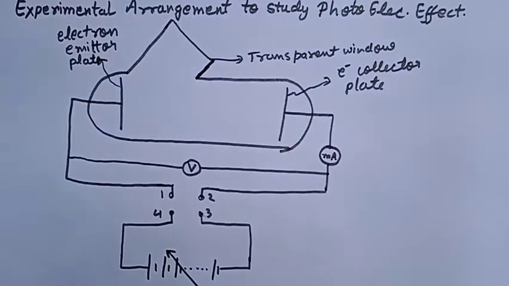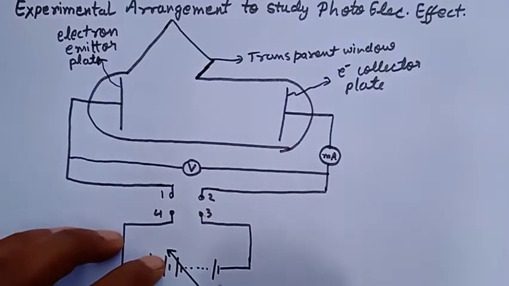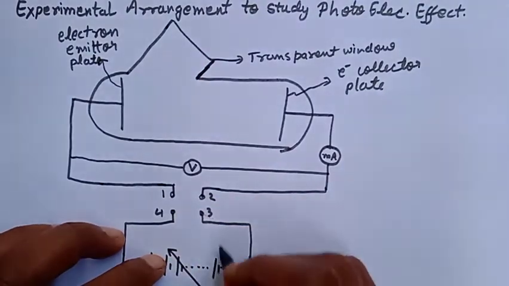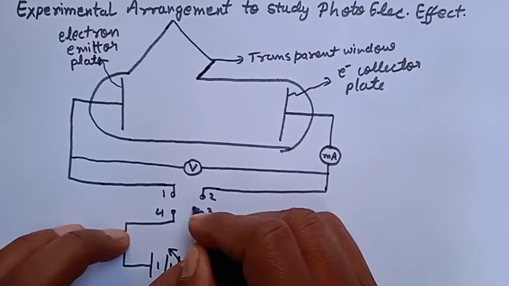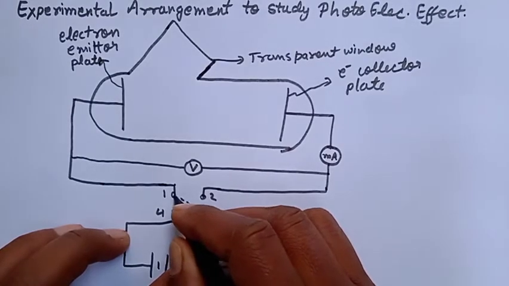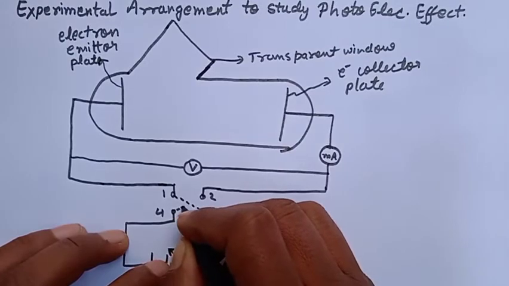So actually for this experiment we have to change the polarity from positive to negative. That is why we have this commutator arrangement here. Right now I am connecting the emitter plate with negative potential, but it doesn't mean that it will always be there. That is why I am using a dotted line.